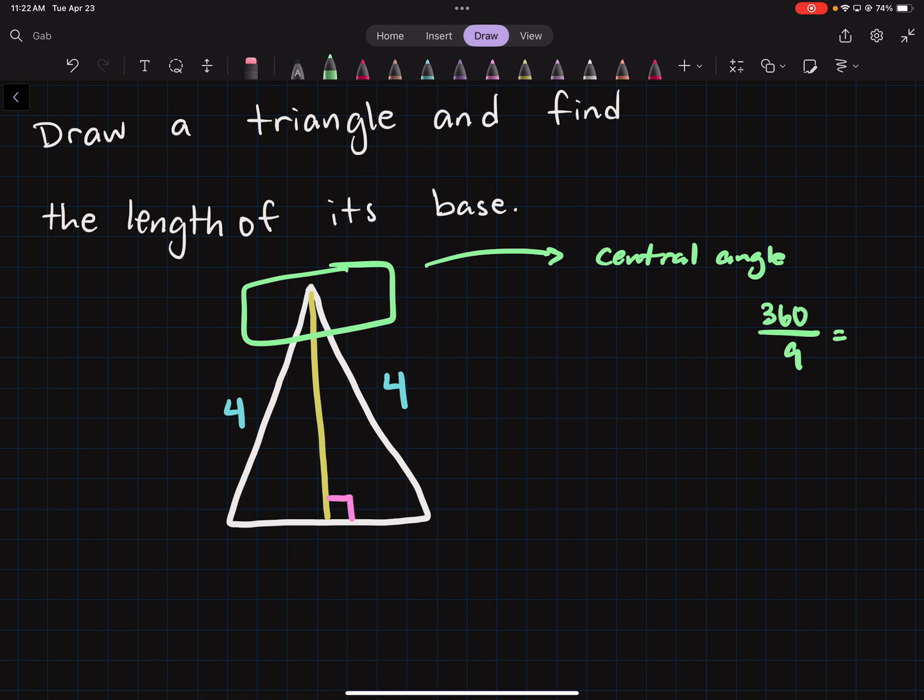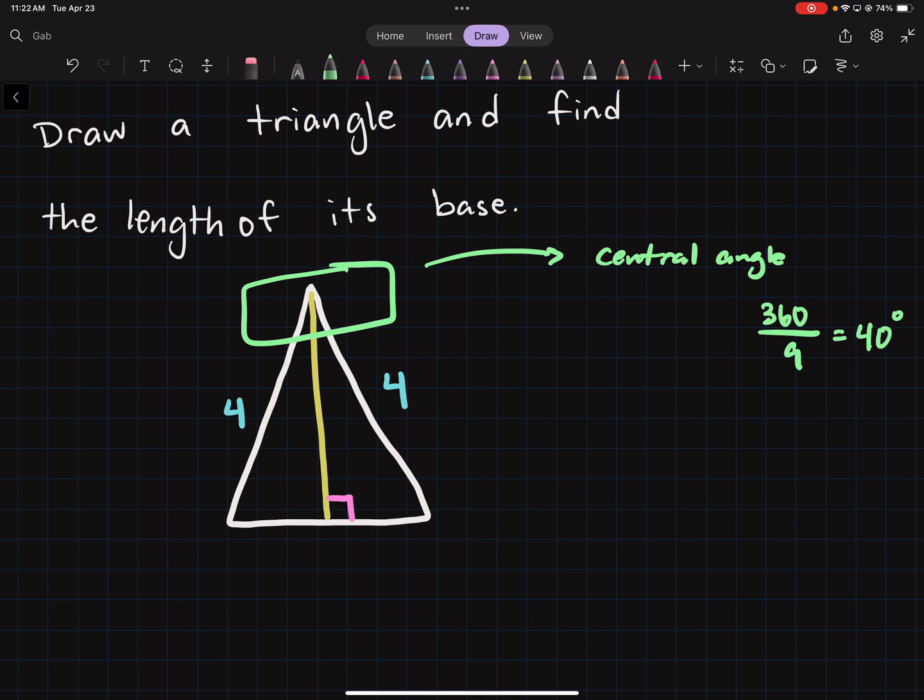40, so 20. So each central angle is 40, and then each one of those individual angles, the little ones in there, are what? Hold up. What is it?